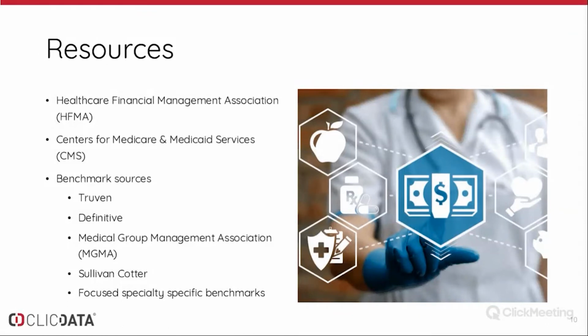Other things are a little bit more specific to the U.S. or specialty specific. And with a lot of these sources, like the Centers for Medicare and Medicaid Services, there's a lot of information that's public. Or if you're participating in one of their programs, you obviously have access to the information you need to provide. Some of the other benchmark sources, and healthcare financial management, may have association or subscription fees, because they are performing a service for you in addition to providing data and information.